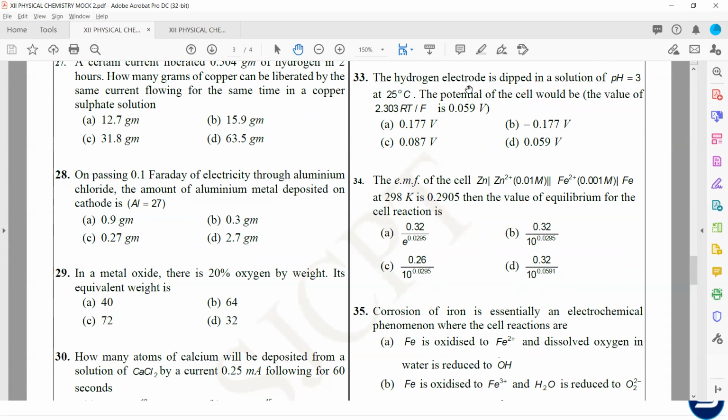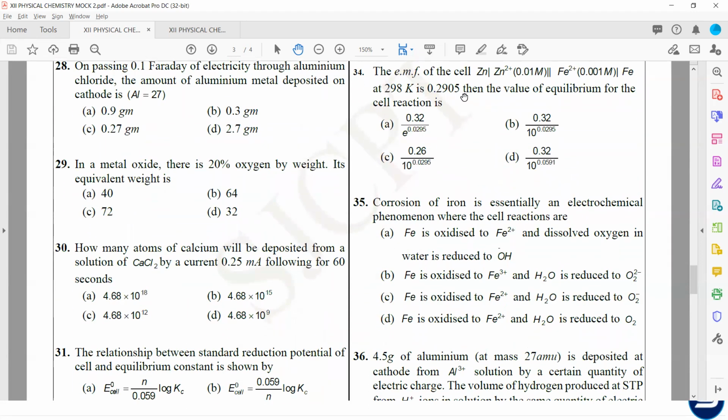Yes, sir. pH equal to 3 means H plus concentration is 10 to the power -3, and you have to use the Nernst equation for a half cell or the electrode. So for that, the half reaction you write is always going to be the reduction. H plus plus e minus giving you half H2 will be the half reaction, and then apply the Nernst equation. It's simple.